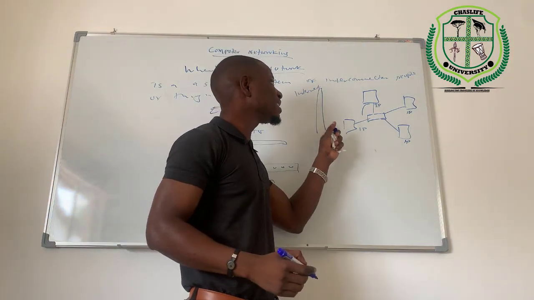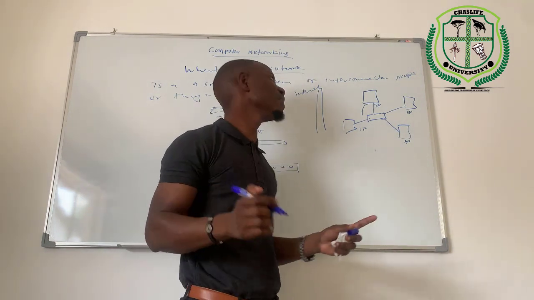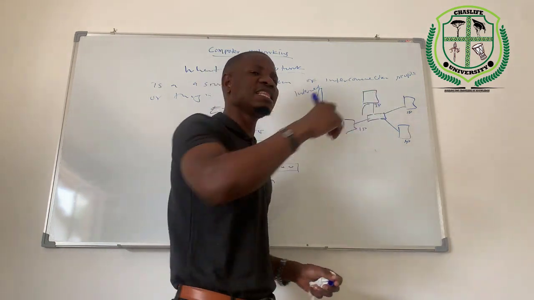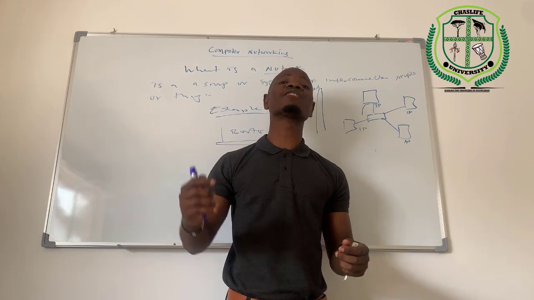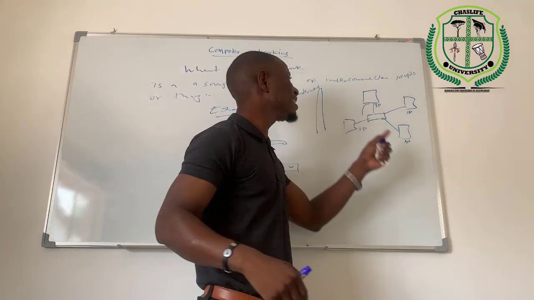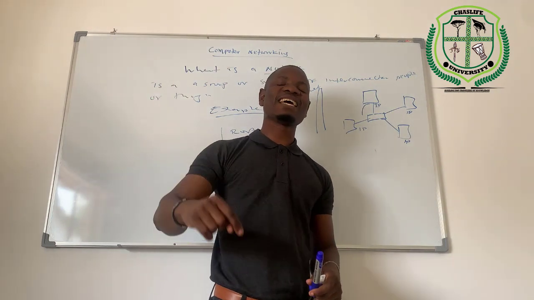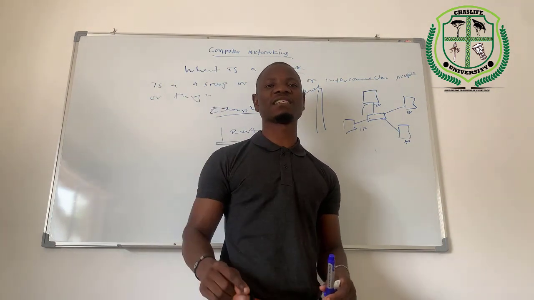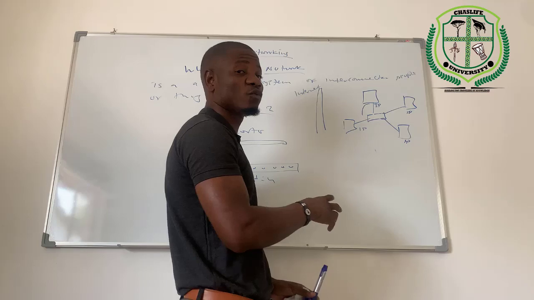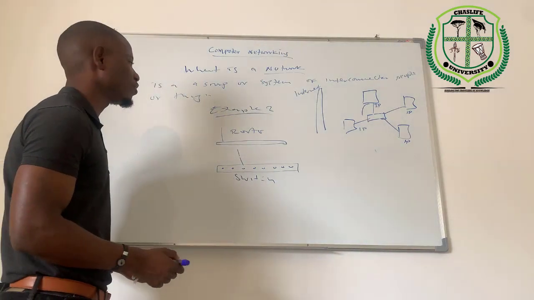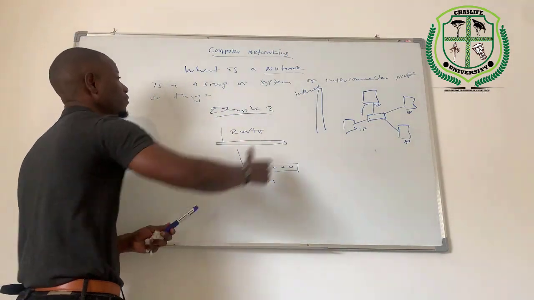When it reaches the router, the internet protocol address is going to be converted, meaning your computer, if it is computer 1, will be assigned another IP address. That's how it works.